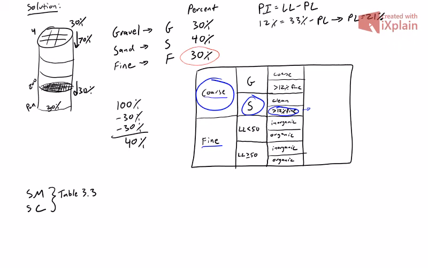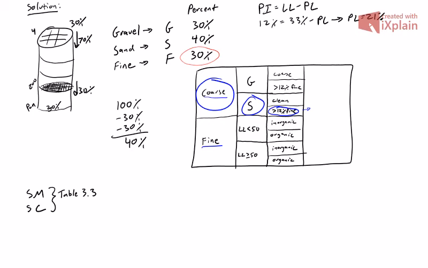Really, in general, you go to any of table 3.2, 3.3, or 3.4. It just depends on which table your narrowed down classifications are. So SM and SC both happen to be on table 3.3.